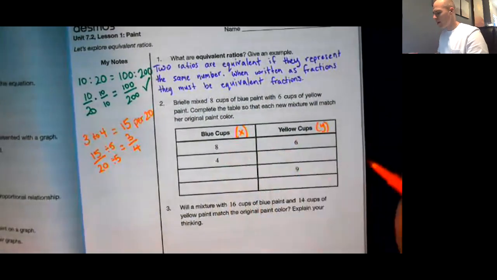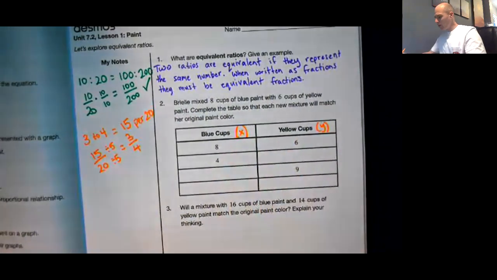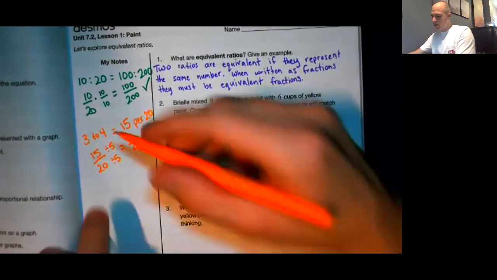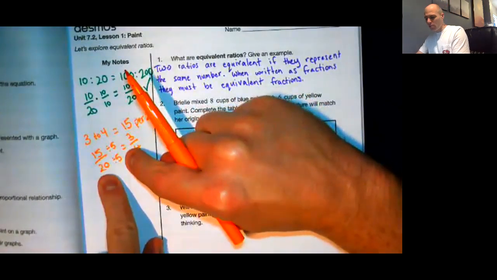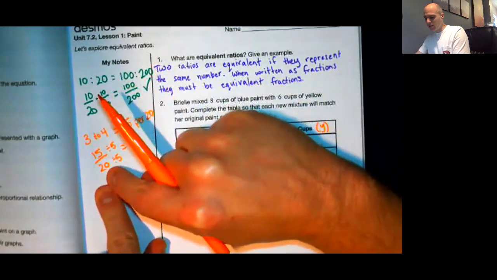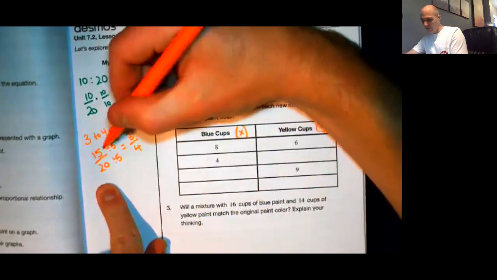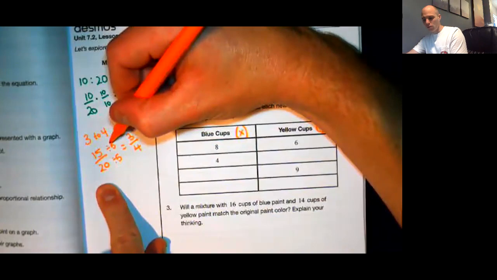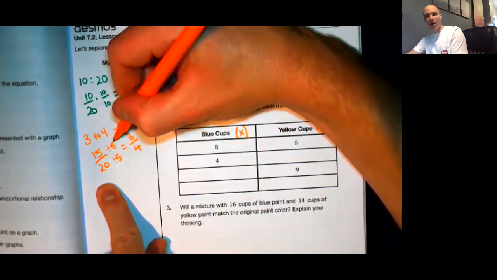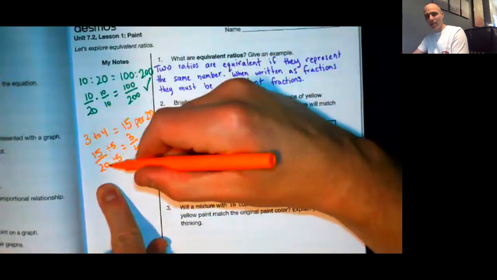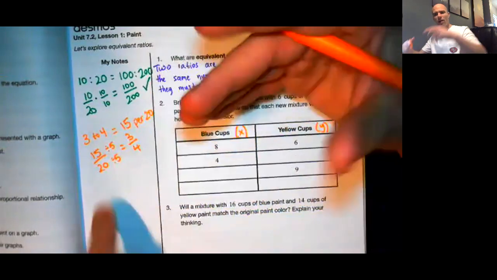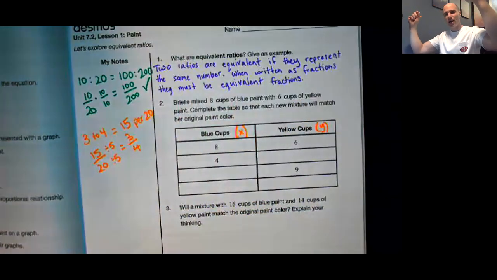Okay, so what I notice here: see how in the fraction, in order to build my equivalent fraction to go from 15/20 to 3/4, I divided the top number by some number, which in this case was 5. In order to keep things equivalent, I just did the same thing to the bottom. I divided it by 5 as well. As long as you're doing the same thing to both sides, multiplication or division only, then your ratios will stay equivalent.